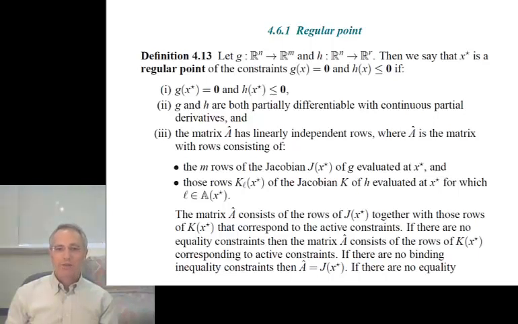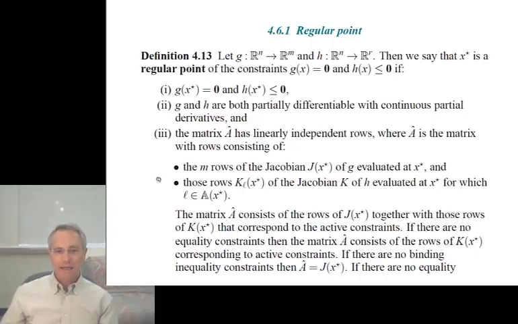A hat consists of the m rows of the Jacobian of G, and together with the rows, let me call them KL, of the Jacobian K of H, again evaluated at X star. Which rows am I going to pick? I'm going to pick the rows that correspond to active constraints.